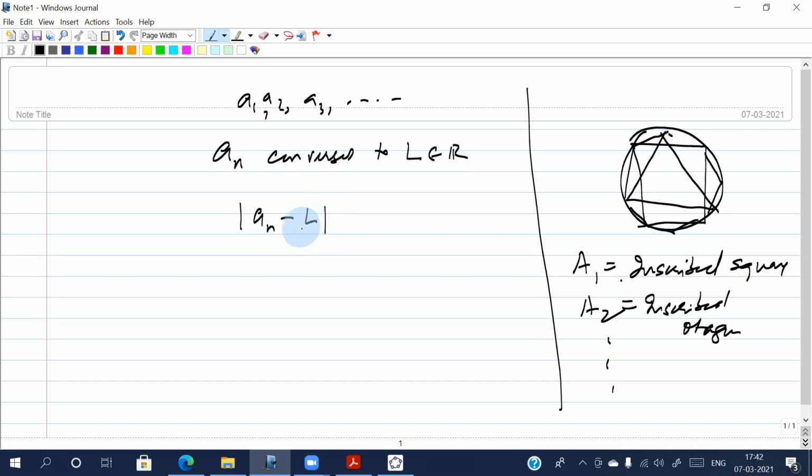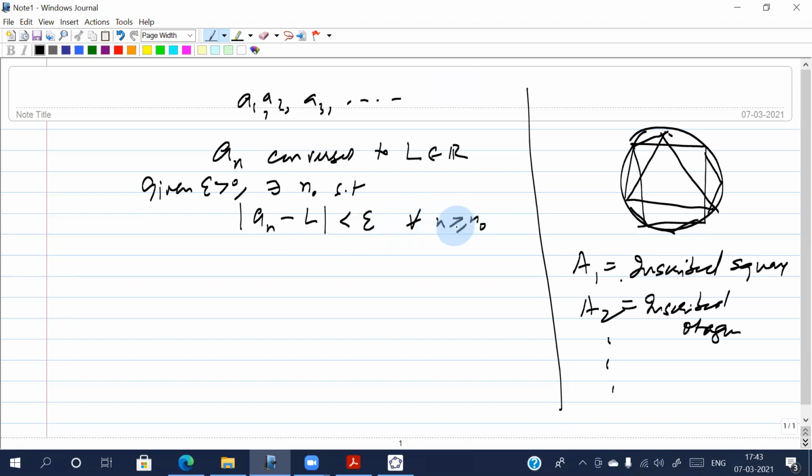This is the error. Given any epsilon bigger than 0, there exists some N naught such that |AN minus L| is less than epsilon for every N bigger than N naught.